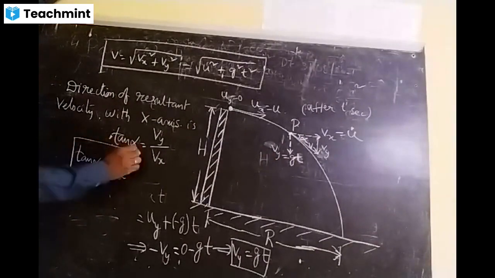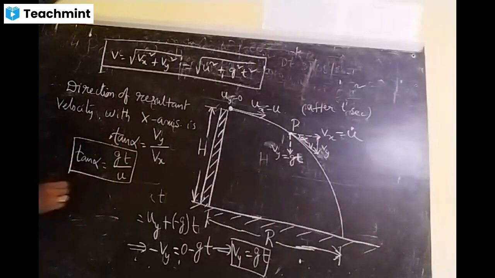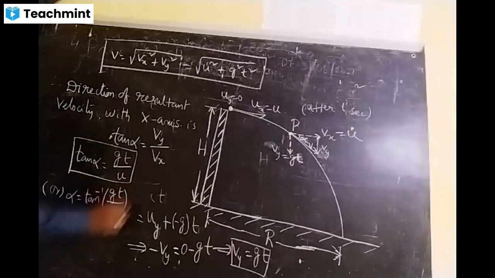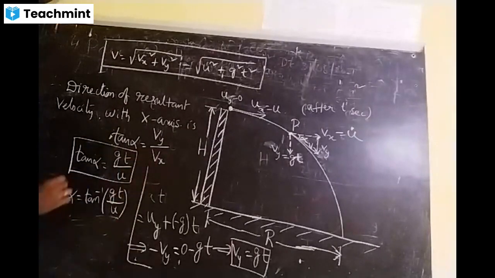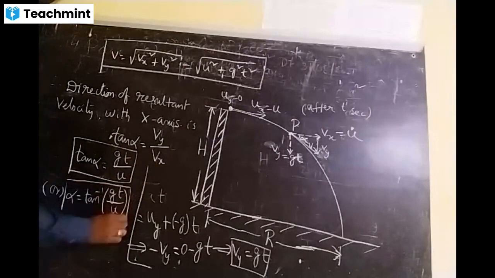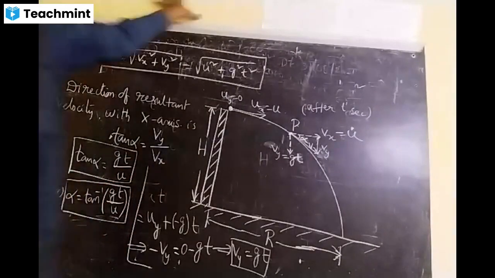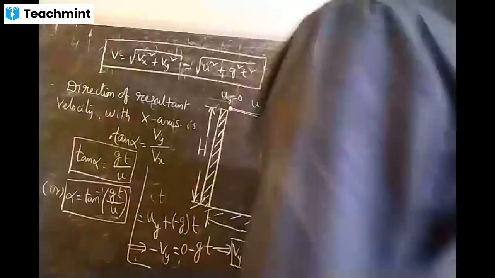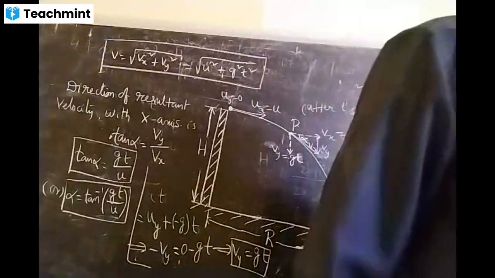So tan alpha is equal to gt by u, or alpha is equal to tan inverse of gt by u, which gives the direction of resultant velocity with the x-axis.